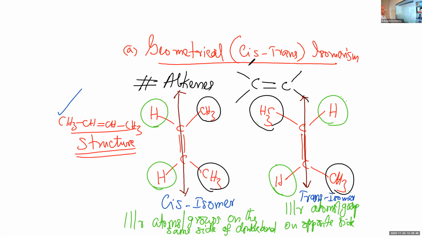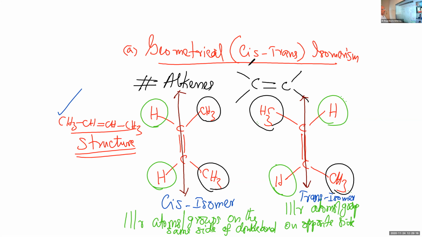What is the definition? In geometrical or cis-trans isomerism, the similar atoms or groups will be on the same side of the double bond or on the opposite side of the double bond.